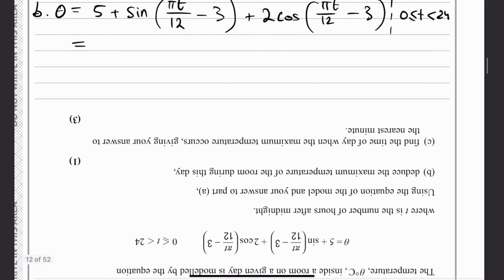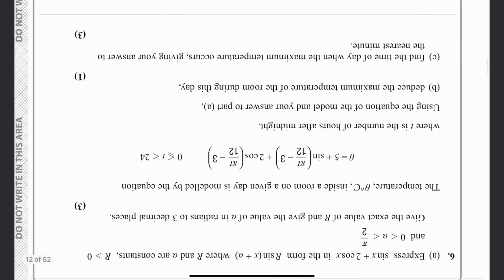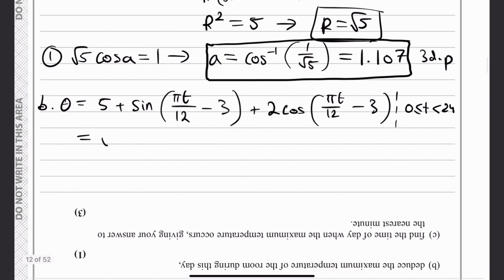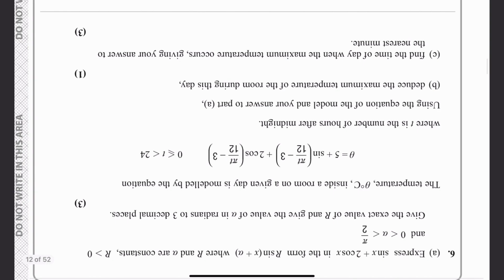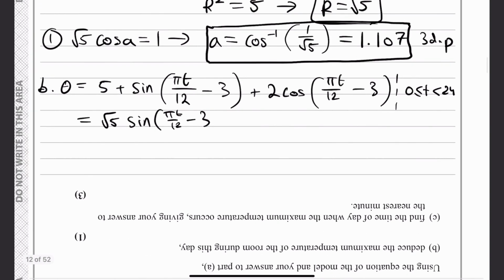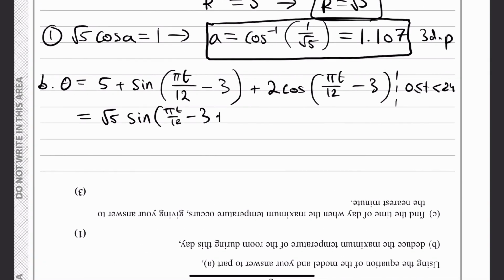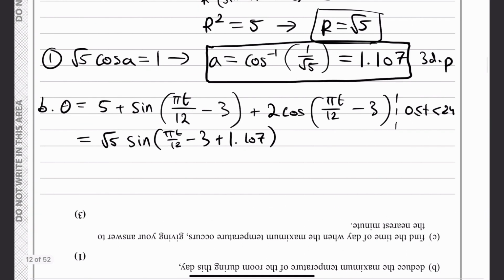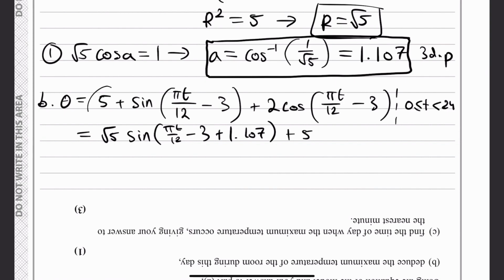So if we say x is equal to the brackets, then we get root 5 sine of pi t over 12 minus 3, plus alpha. We've got the plus alpha here, which is just 1.107, and then plus 5 for this thing here. So this is our new model, the same thing.